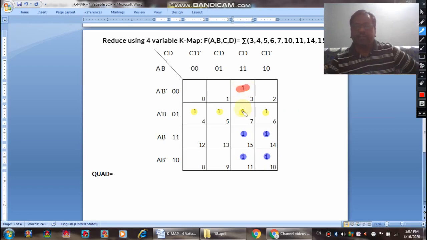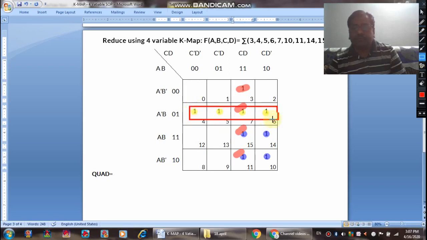And these 4 ones are again all together. Therefore, in this K-map, again we can have 3 chords over here, and it is very simple to create. The first chord is this, the second chord is this, and the third chord is this.